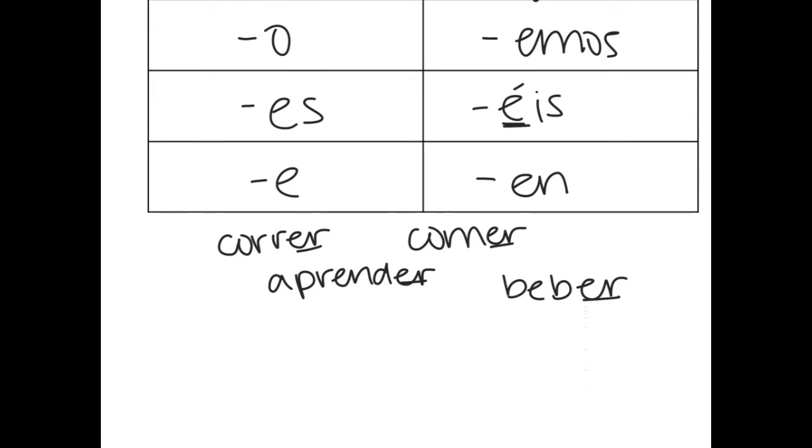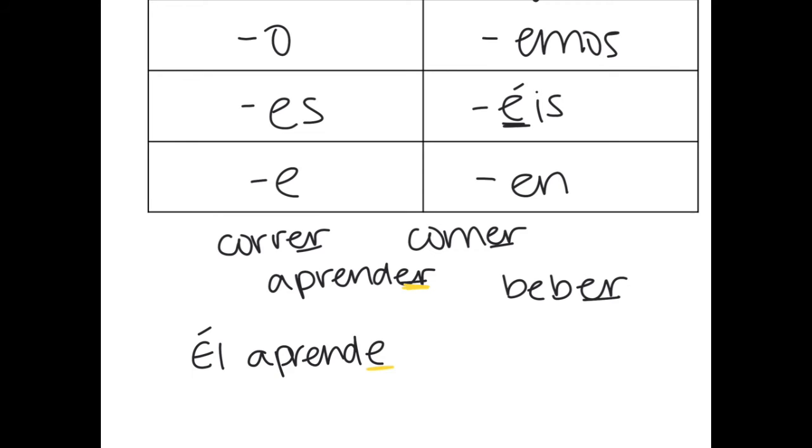So first we can use aprender. So if I want to say él and then aprender, I would conjugate that using the él form. So I'll say él aprende, and then those endings here, that ER and that E, are replaced. The ER is replaced by the E to conjugate it.